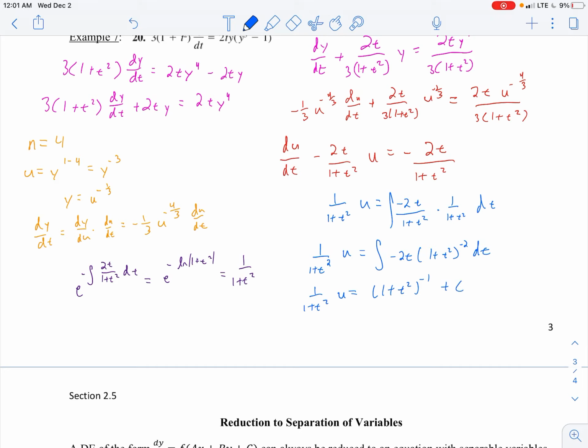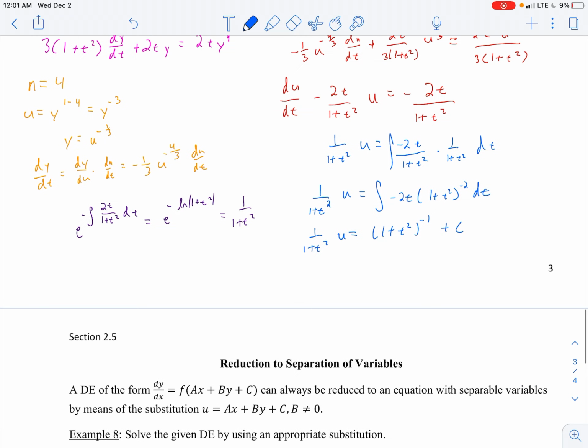I'm going to check that by just taking the derivative of this real quick. Negative 1 times 1 plus t squared to the negative 2 times 2t, negative 2t. All right, checks out. And now we're going to go ahead and finish this. What we want to do is get rid of this 1 over 1 plus t squared. So I'm going to get u on the left, multiply by 1 plus t squared on the right, get 1 plus c times 1 plus t squared.